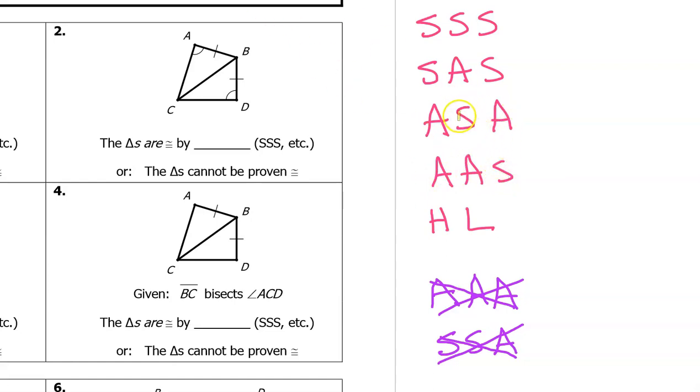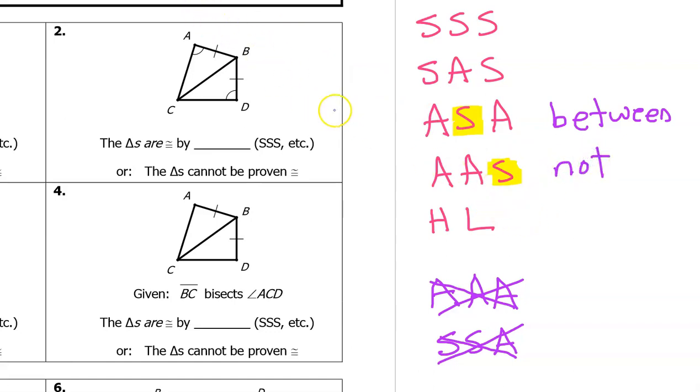The difference is that for ASA, the side is between the 2 angles. So I'm just going to put between right here. And for AAS, the side is not between. I'm just going to put not.